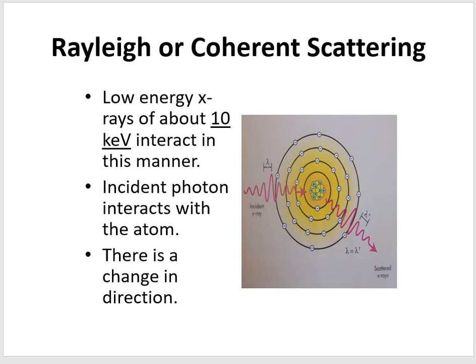So the photons interact with the collective electrons in the atom, and then through this absorption, another photon is emitted and scattered at an angle theta, and this scattering by different electrons is in phase with the incident X-ray.